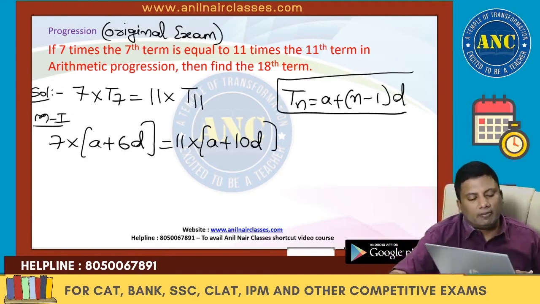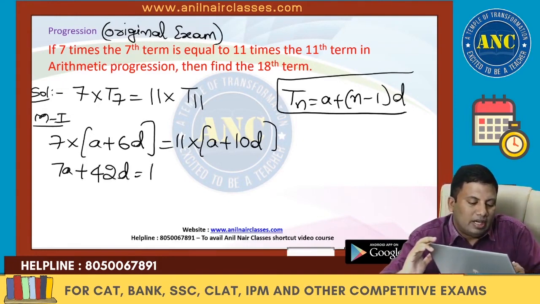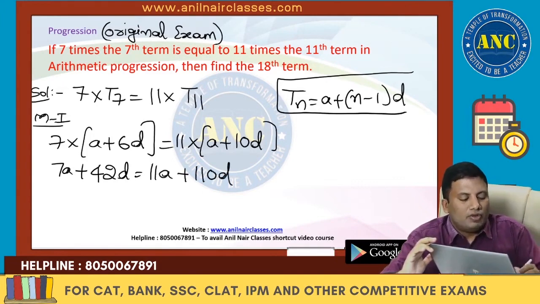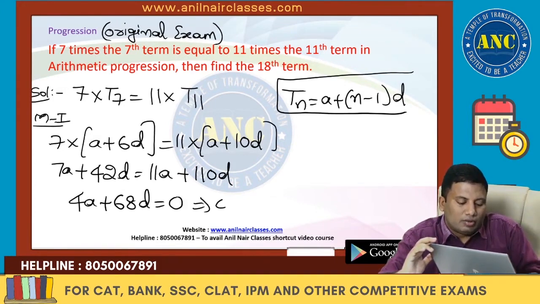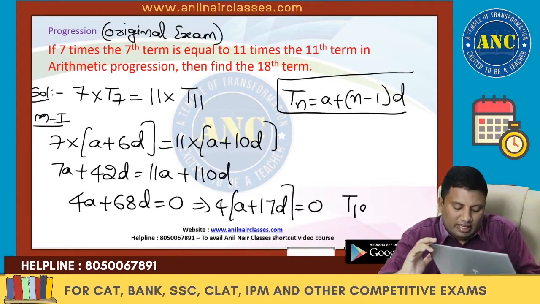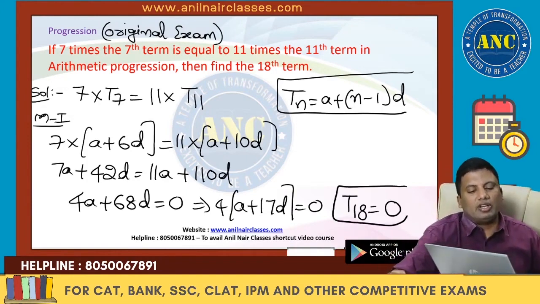So 7a plus 42d is nothing but 11a plus 110d, which gives 4a plus 68d is nothing but 0. So 4 into a plus 17d is nothing but 0. a plus 17d is nothing but T18. T18 is nothing but 0.